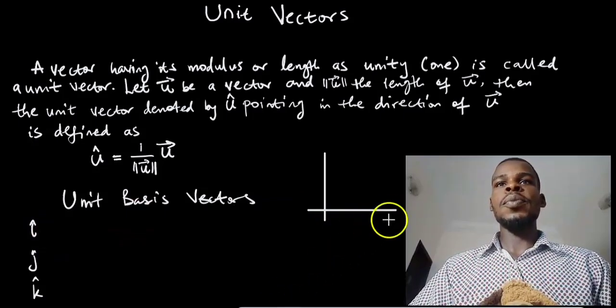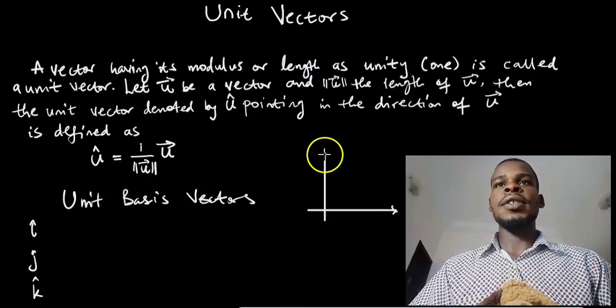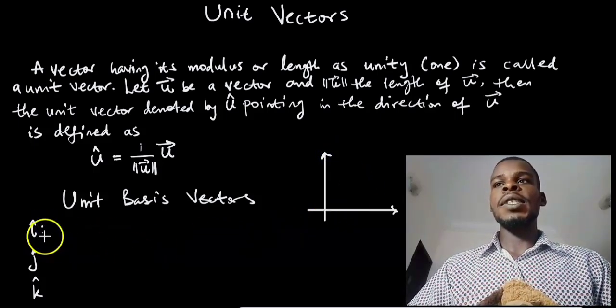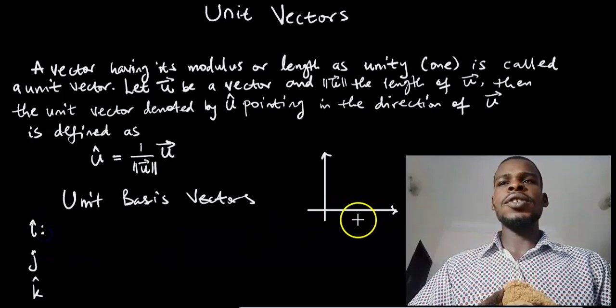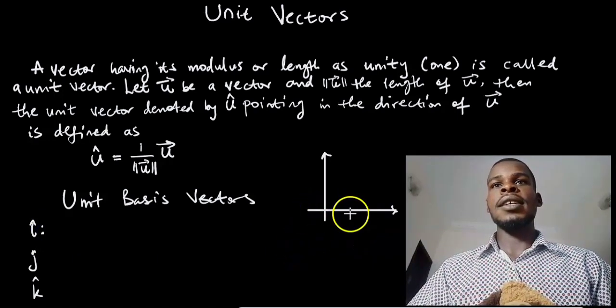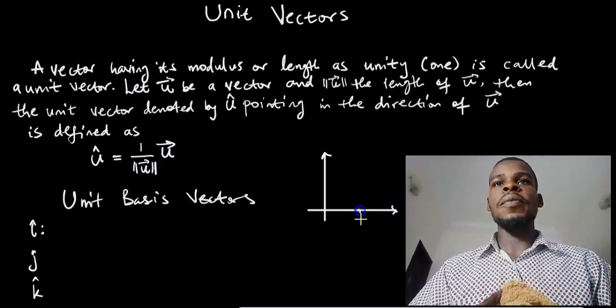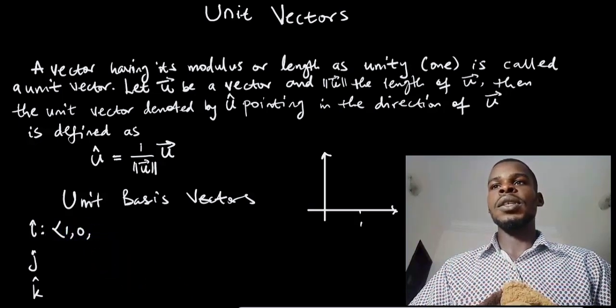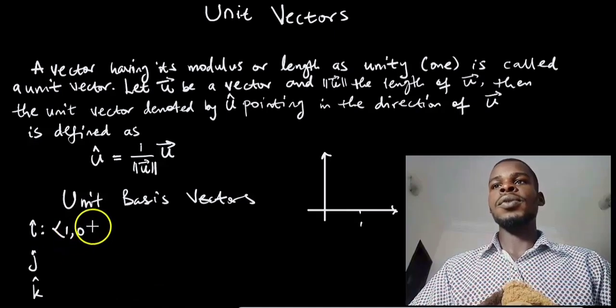Vector i is a unit vector pointing in the x direction, with unity as its length, that is 1 as its length. So if from here to here is 1, we'll call this unit vector i, and it's defined as (1, 0). Let's start off with R2.